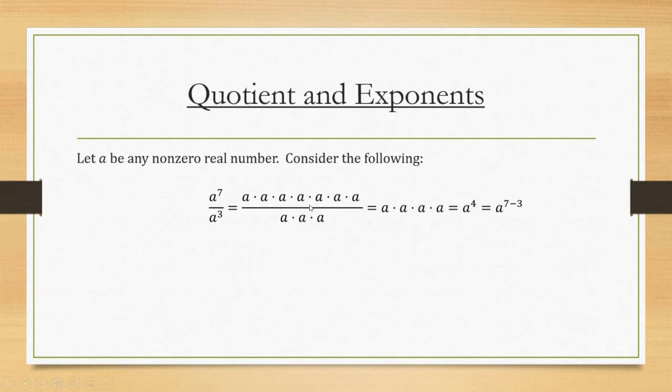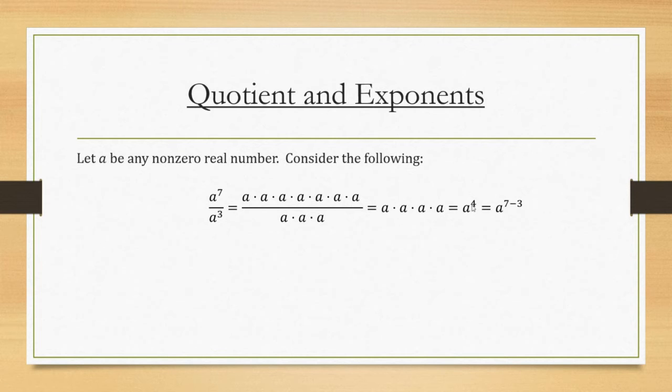But we can cancel: the 3 a's in the denominator cancel with 3 a's up here in the numerator. I didn't show the cancellation, but you're left with 4 a's, which is a to the 4th.